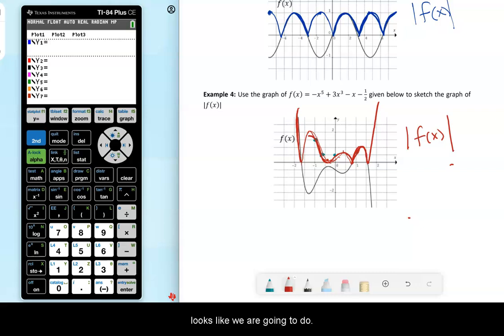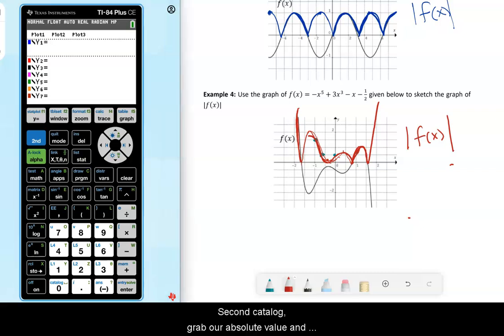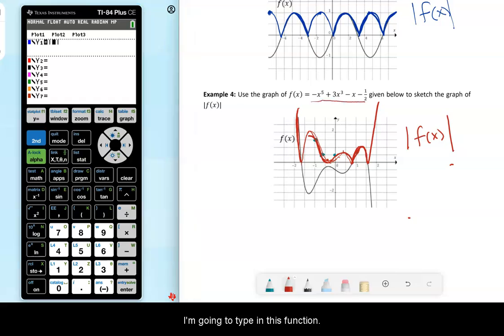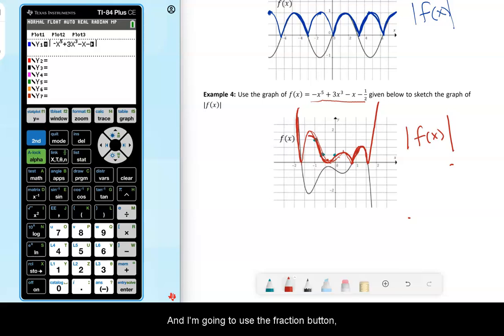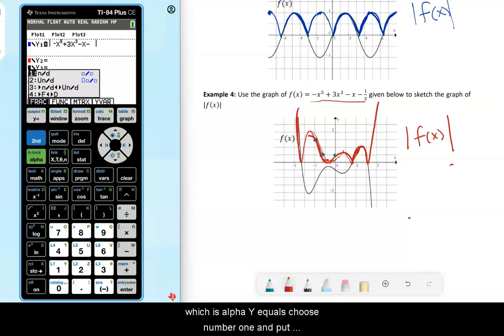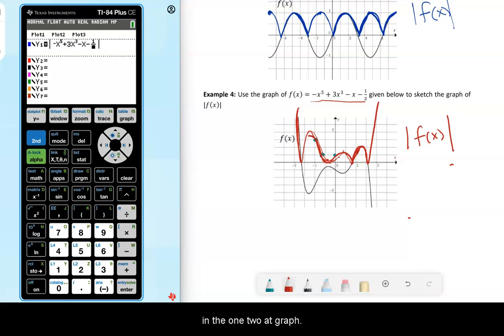We are going to do second catalog, grab our absolute value, and I'm going to type in this function. So negative x to the 5th plus 3x cubed minus x minus 1/2. And I'm going to use the fraction button, which is alpha y equals, choose number 1, and put in the 1/2.